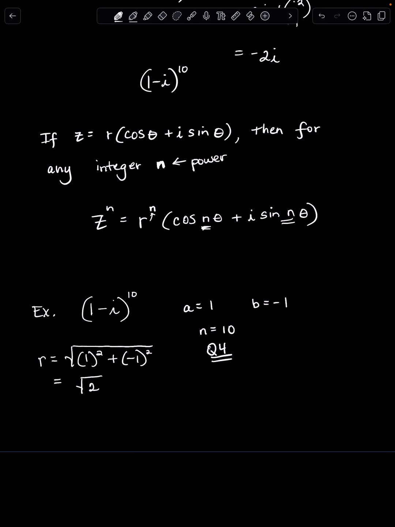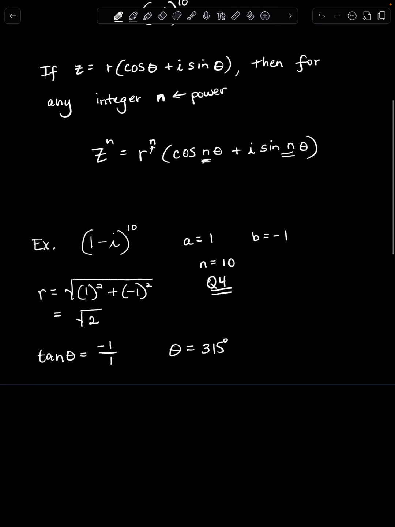Our theta: tangent of theta is b over a, so that's -1 over 1. Our reference angle for this is 45 degrees. I'm coming out of quadrant 4, so that's going to be 360 minus 45, so theta here is going to be 315 degrees.